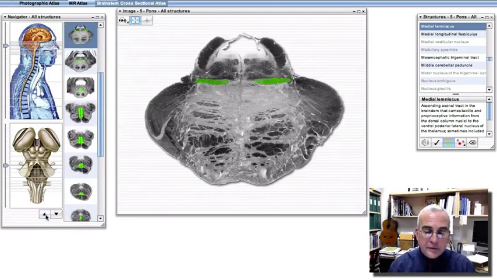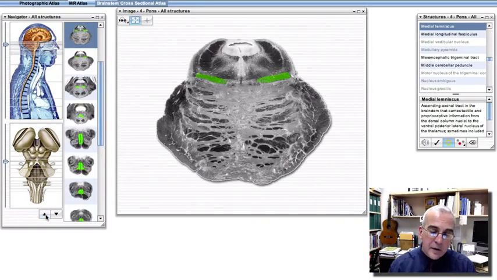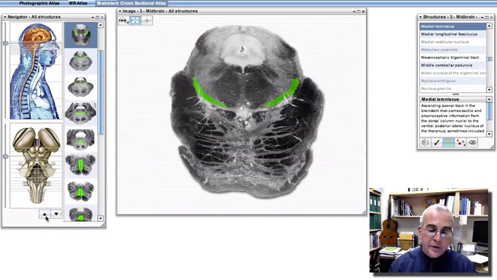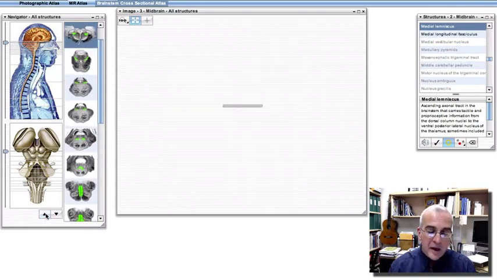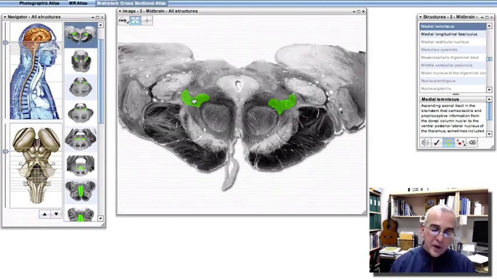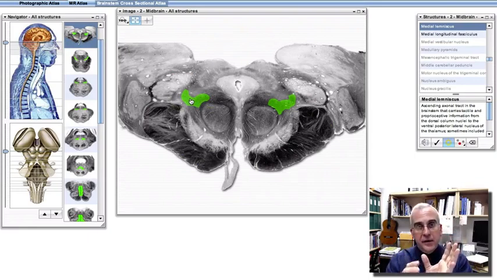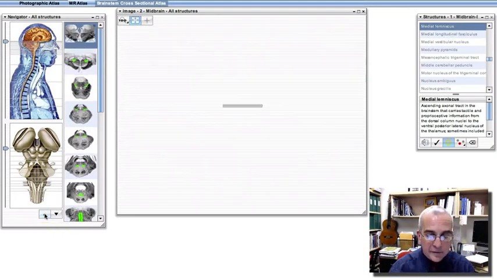And as it twists, while we rise superiorly through the pons and enter the midbrain, this pathway is now getting in a position to hit the ventral posterior complex of the thalamus that we'll find in the next section in our atlas.